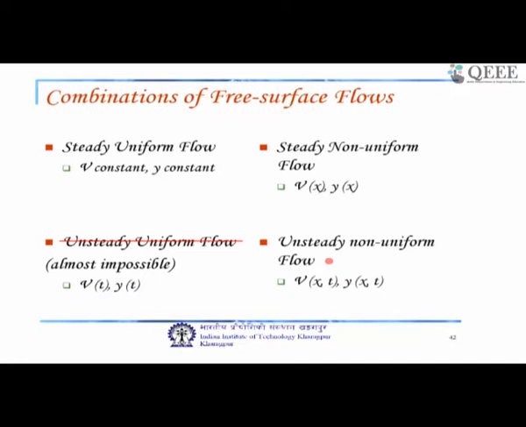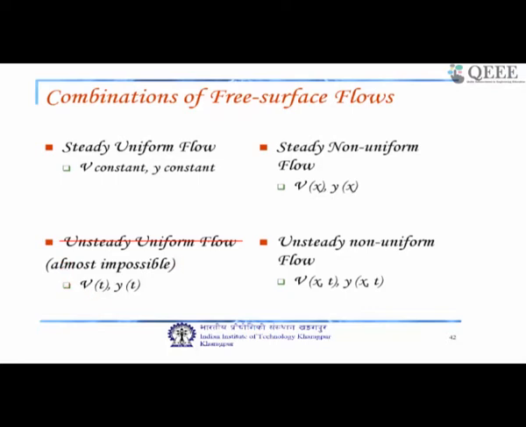So, the most general condition is unsteady non-uniform flow. But this unsteady uniform flow is impossible in case of open channel flow. This is possible only in case of pipe flow which is connected with a reservoir.